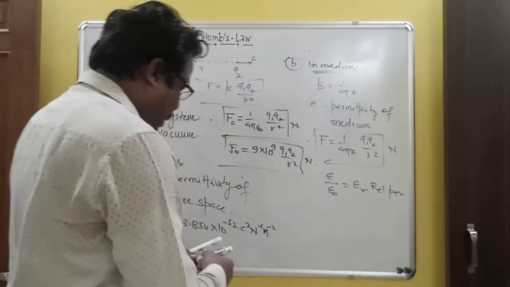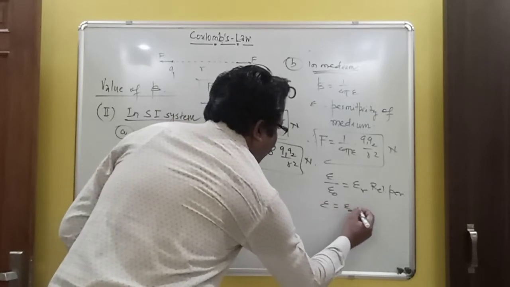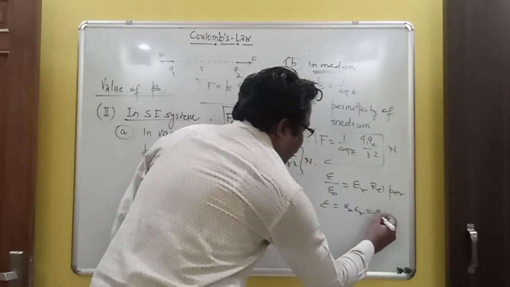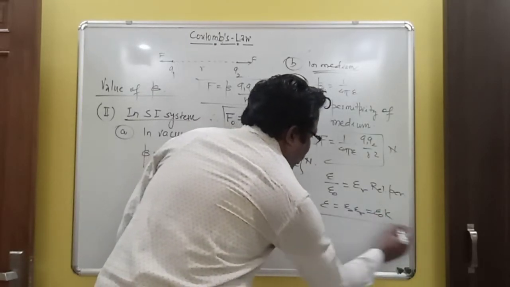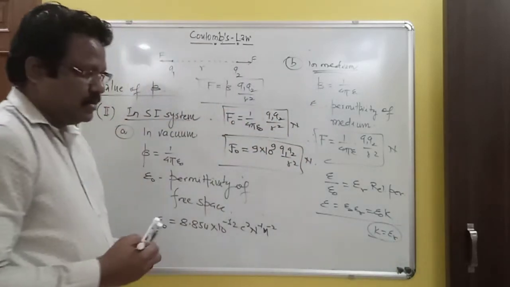And from here you may write this epsilon as epsilon naught epsilon R. Also you may write this as epsilon naught K, because K and epsilon R are equal.